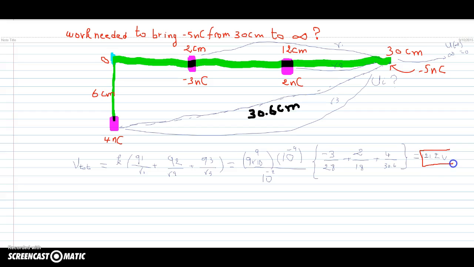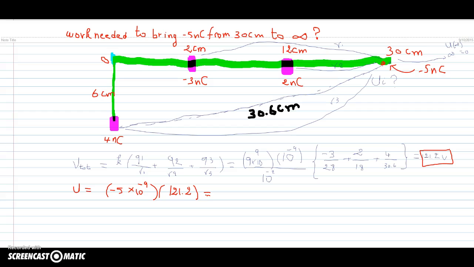Now, if you know the voltage at this point here, and you know the charge, you can evaluate the energy at that point. So the energy U at that point, which is initial, is just the charge, which is minus 5 nano, times the voltage at that point, which is 121.2. All done.